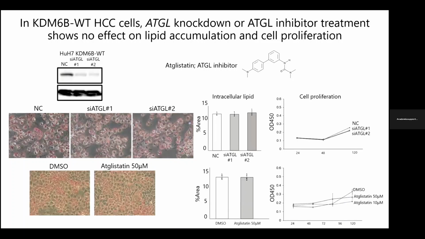However, in KDM6B wild-type HCC cells, the inhibition of the ATGL pathway shows no effect on lipid accumulation and cell proliferation. These data strongly suggested that ATGL-PNPLA2 is a specific pathway for treatment as well as prevention of metabolic subtype of HCC with KDM6B downregulation.